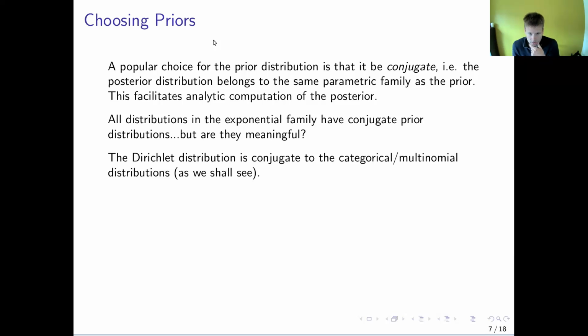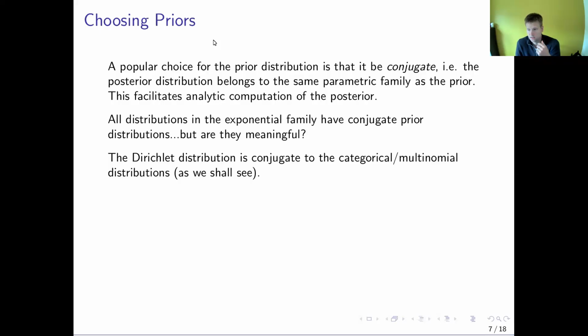Okay. So there's in fact a result in statistics that all distributions in the exponential family have a conjugate prior. So in principle, for most models that one would use in an applied statistics context, you would be able to obtain a conjugate prior.